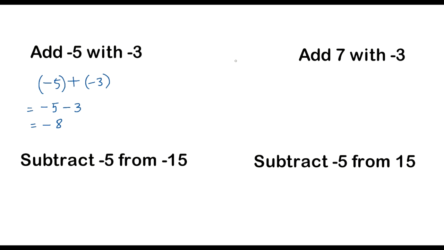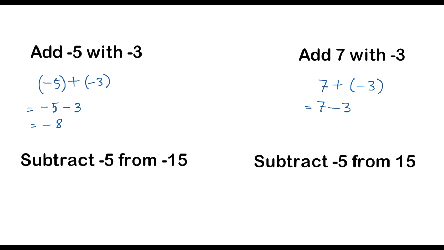Here also we are adding something. We are adding 7 with negative 3. So there is an addition, 7 and negative 3. Now 7 is positive 7, we are writing it, and negative and positive together, when you multiply you will get a negative sign and there is a 3.